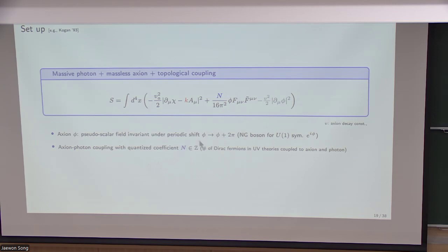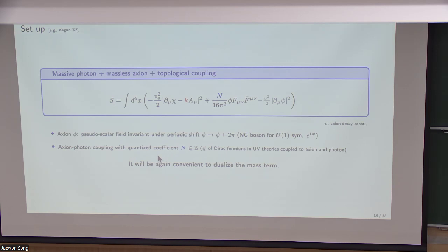This is because the axion is assumed to be a Nambu-Goldstone boson for the U(1) symmetry. In this action, we have the axion-photon coupling, and this n is quantized. Physically, this n corresponds to the number of the Dirac fermions in UV theories, which are coupled to axion and photon.